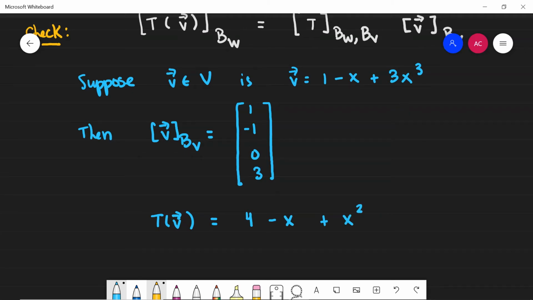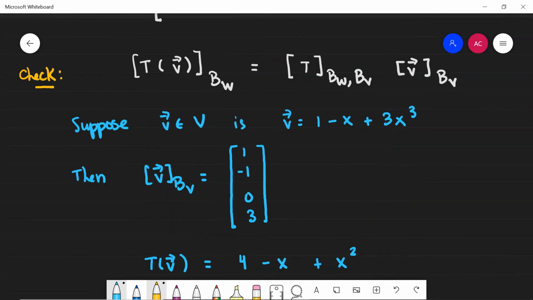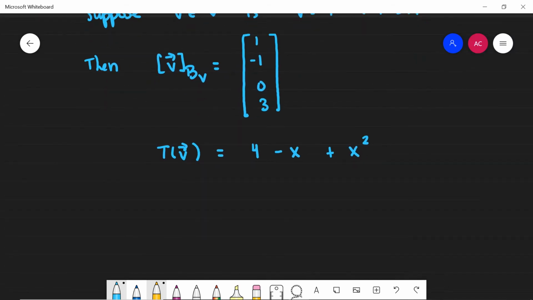Now in this equation, I need to take the coordinate vector of T of v with respect to W. So I have to look at the coordinate vector of T applied to v with respect to my basis for W, which we call B sub W, but it's just the standard basis. Now again, this is no longer a vector in R4.